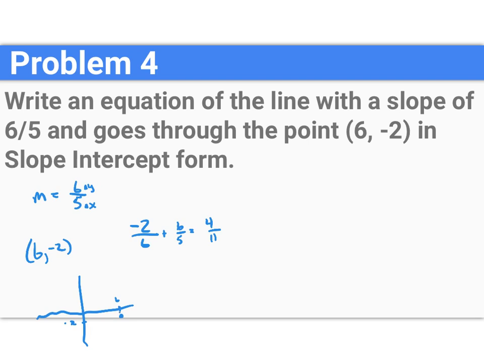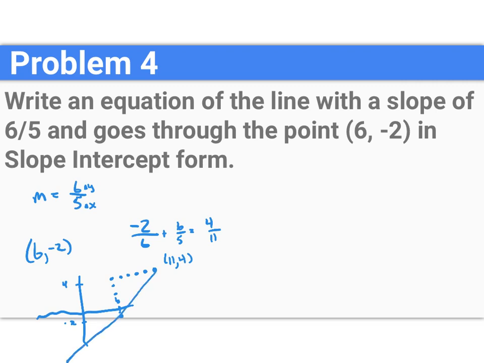So we go 1, 2, 3, 4, 5, 6. This is 4. 6, 7, 8, 9, 10, 11. So this is 4, 11, or 11, 4. And remember, the y and the x are in opposite spots. So this will be our line.